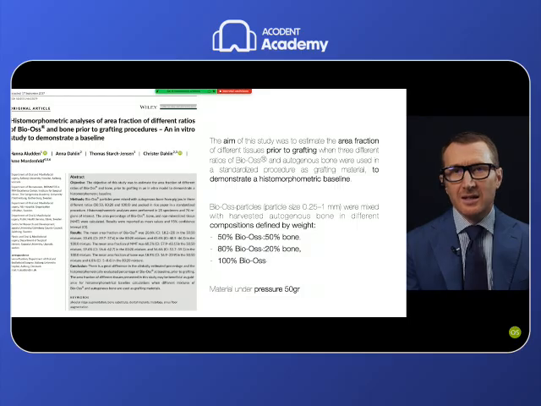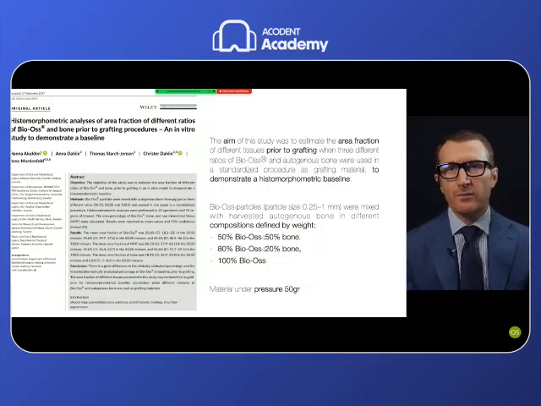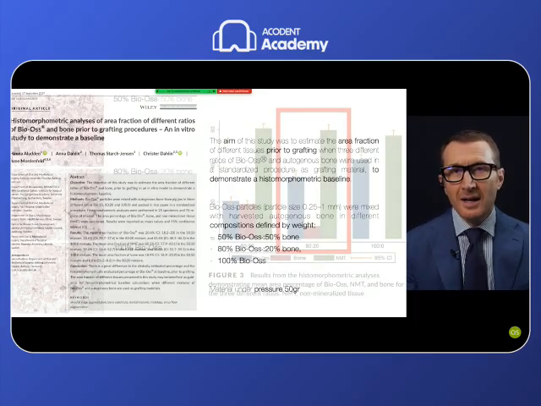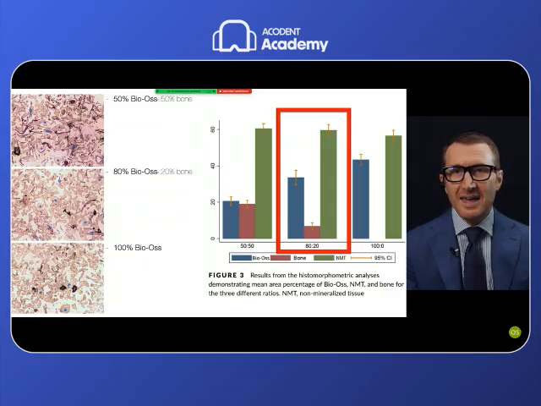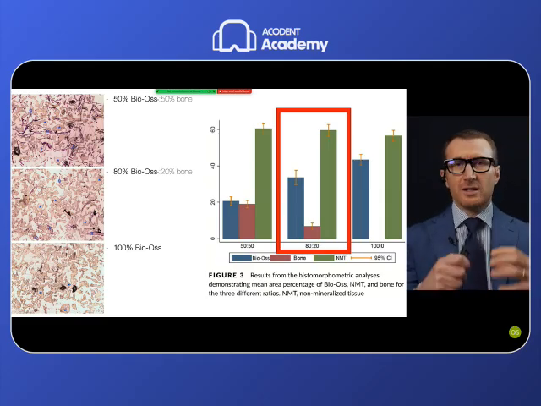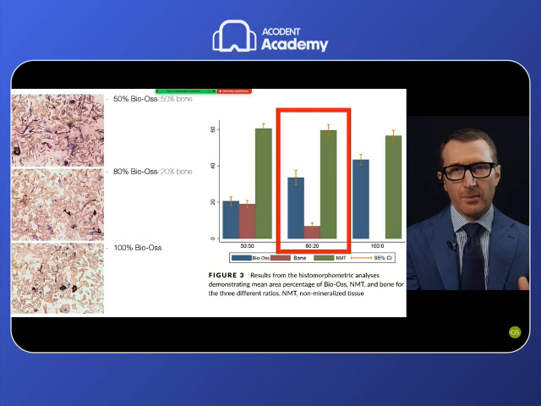This study analyzed mixtures of 50% bovine bone and 50% autogenous bone, and 80% bovine bone and 20% autogenous bone, and indicates clearly that what we think of as a graft, when we think 50% of one and 50% of the other making 100% of my graft, at the end is not like that.